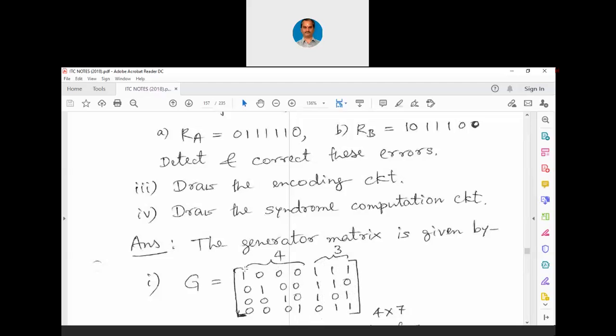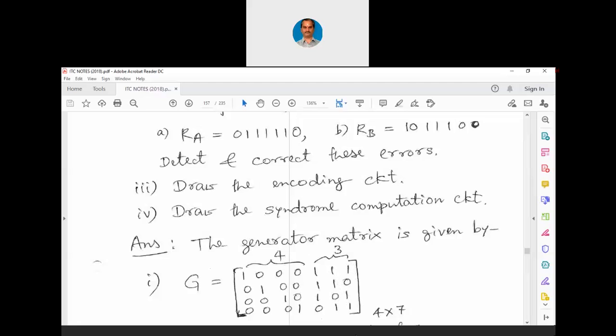Now, this corresponds to C1, C2, C3, C4. The four columns in the generator matrix correspond to C1, C2, C3, C4 because they correspond to D1, D2, D3, D4. It is unique that way. Now, how about C5? C5 is D1 XOR D2 XOR D3. And C6 is D1 XOR D2 XOR D4.